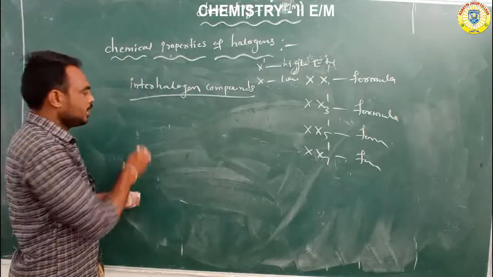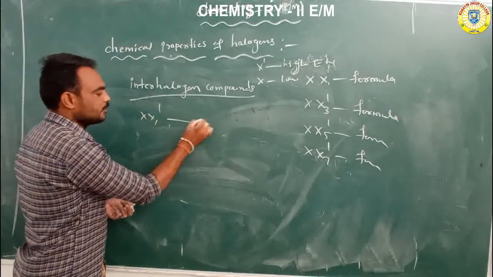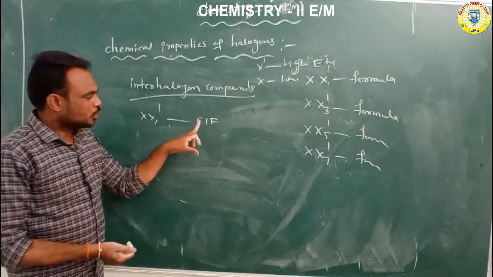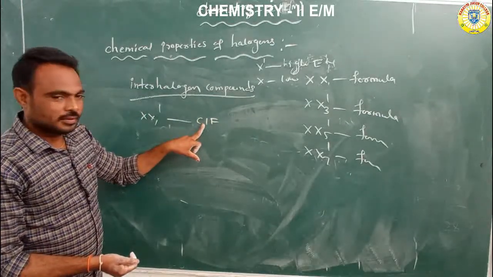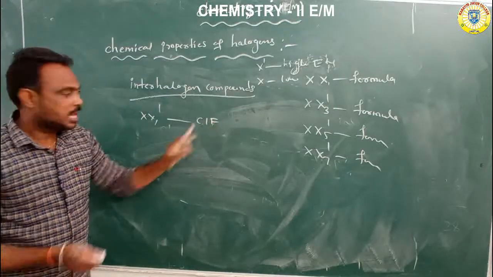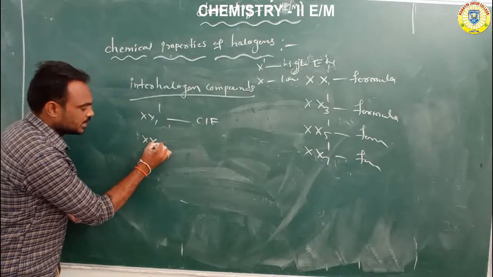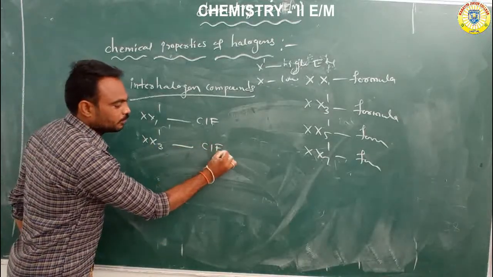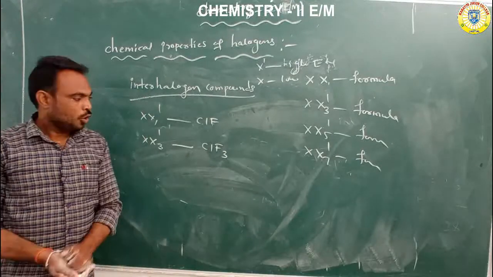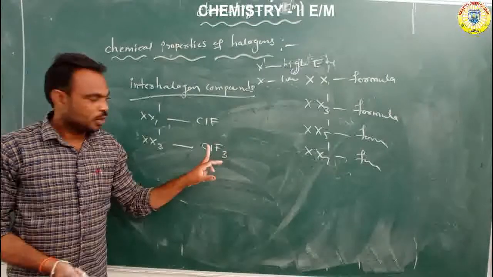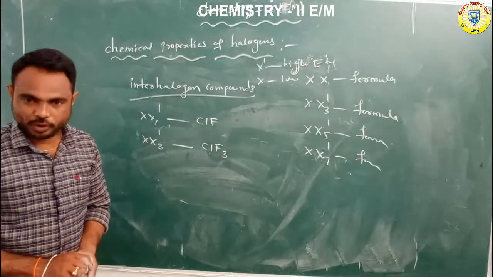So what are the examples? Suppose for example XX' formula, ClF, chlorine fluoride. Chlorine is low, fluorine high electronegativity. Or suppose XX3', ClF3, chlorine trifluoride.